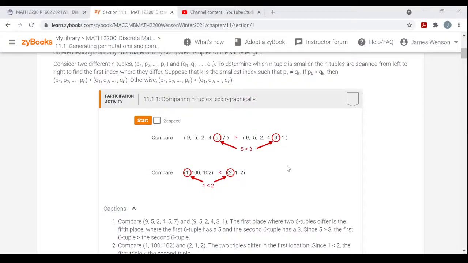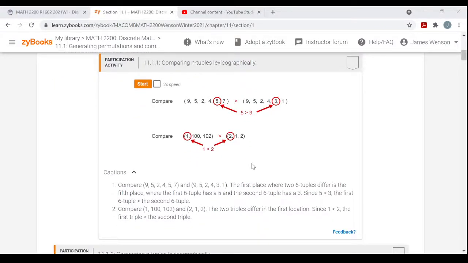It's almost like just comparing numbers in decimal places. Here, 1, 100, 102, and 2, 1: they're different in the first place, and 1 is less than 2, so this 3-tuple is considered less than that 3-tuple. Very, very simple, I feel.